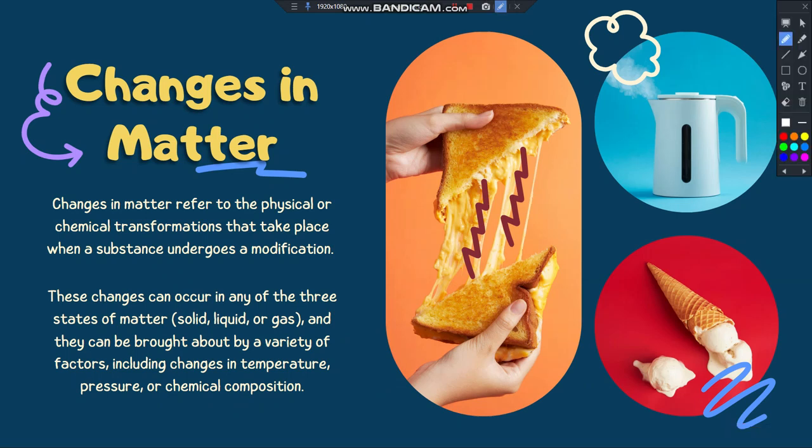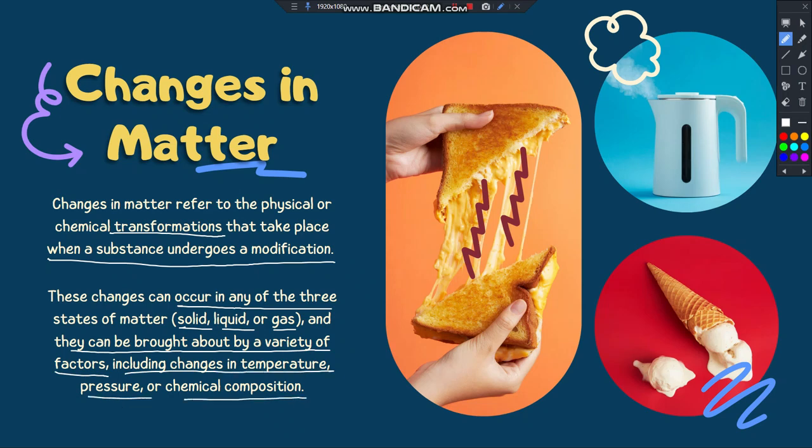Changes in matter speaks about the physical and the chemical transformations that take place when a substance undergoes a modification. These changes can occur in any of the three states of matter, either solid, liquid, or gas, and they can be brought about by a variety of factors, including changes in temperature, pressure, or chemical composition.